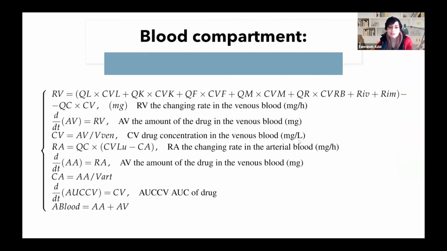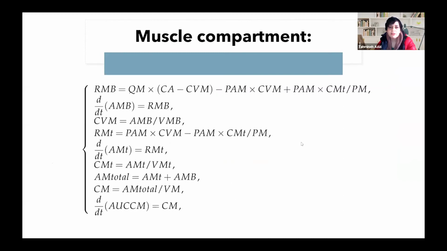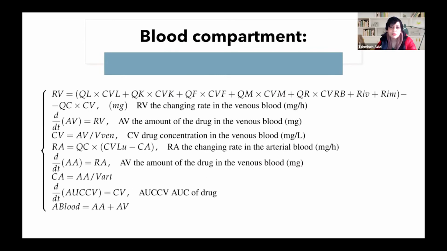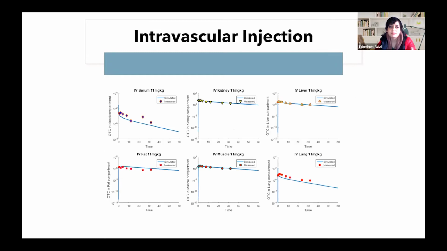Of course, this is 6 pages, but the equations, as you see, are just a simple ODE model. I have a system of equations for each different compartment: from liver, for blood compartment, for kidney, for muscle, lung, and fat. And this is the result for fitting with data.